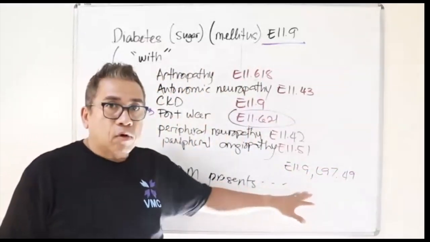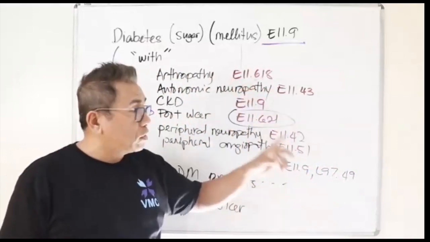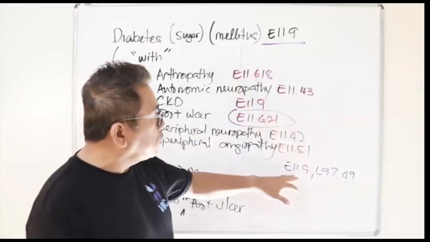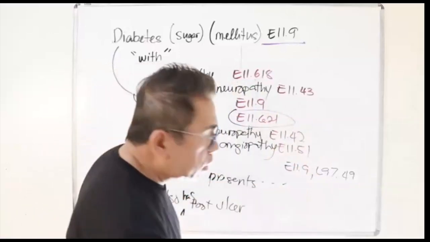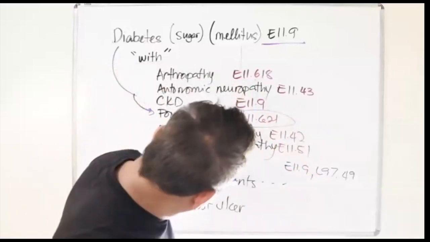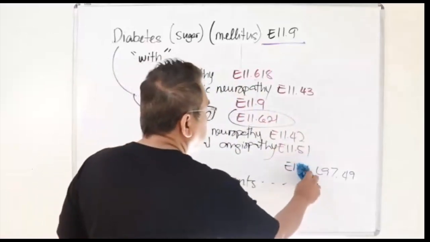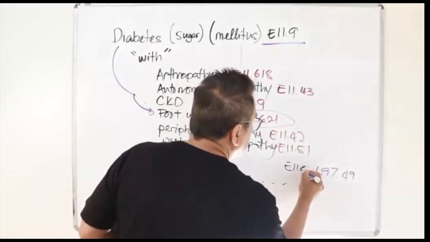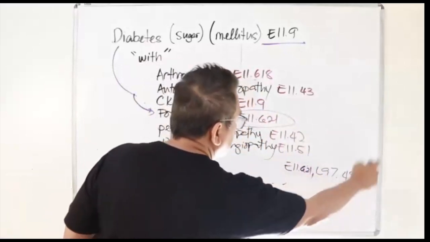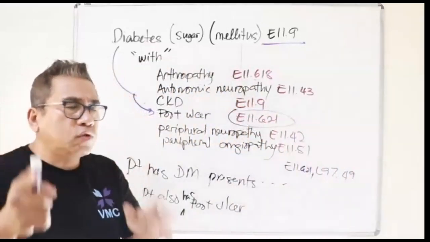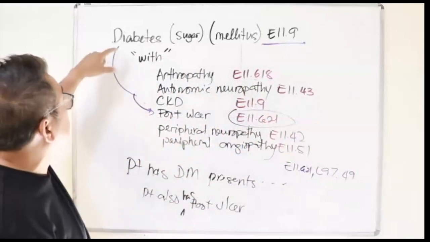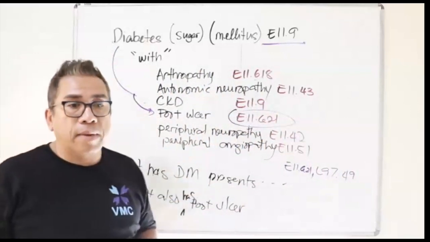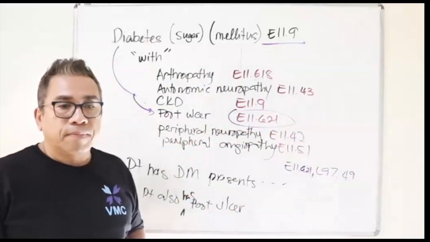This is how coders who did not learn this would do it. But now that we know the rule, we are no longer using this. We are now to assign E11.621 and then L97 something, right? Always use the combination code because, like I said, this word "with" here connects these two conditions automatically. Any questions, guys?